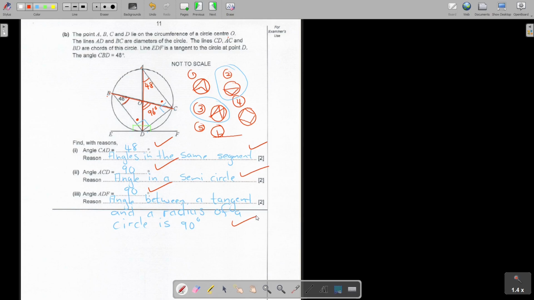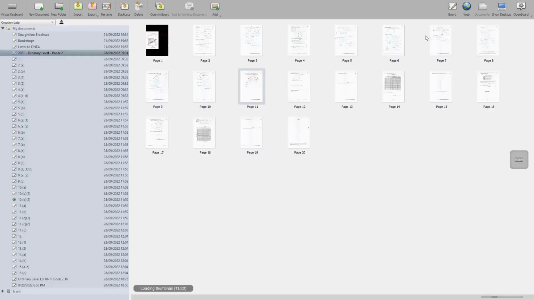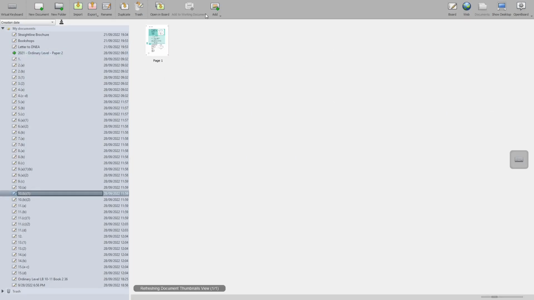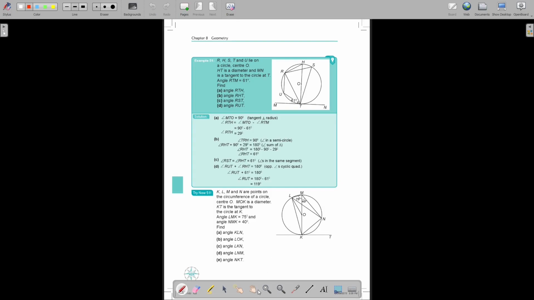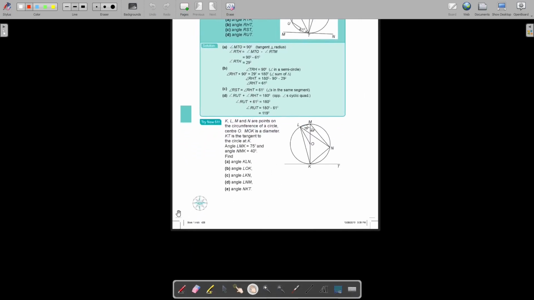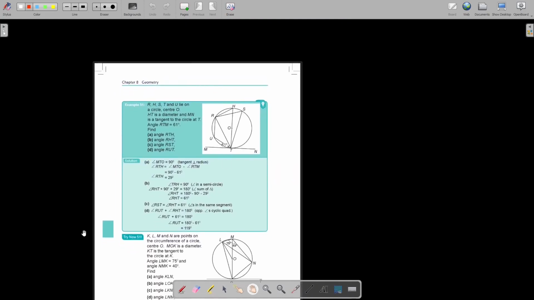There was a nice example that I maybe just want to show you. I didn't use it because I think this one was very basic, but this was question 10b, the first one. If you look at this example, as I said, you follow that method.